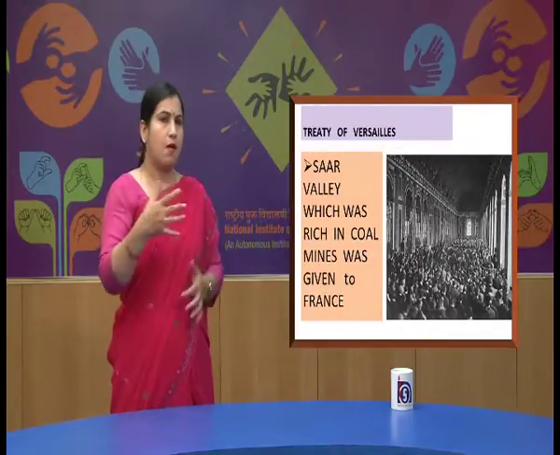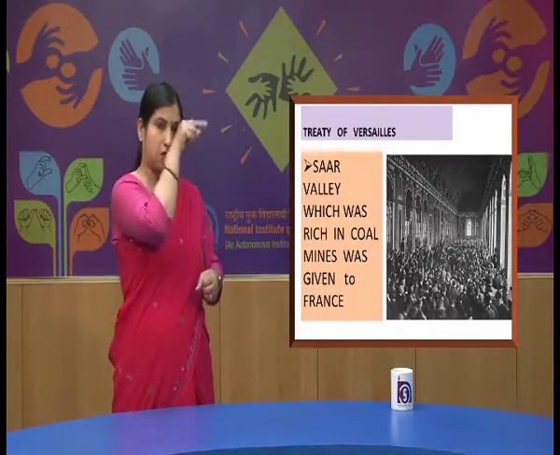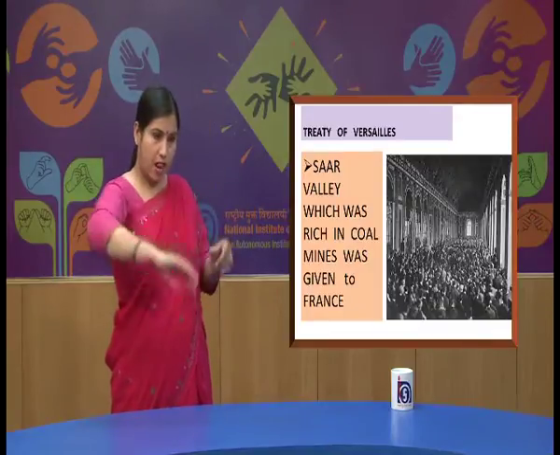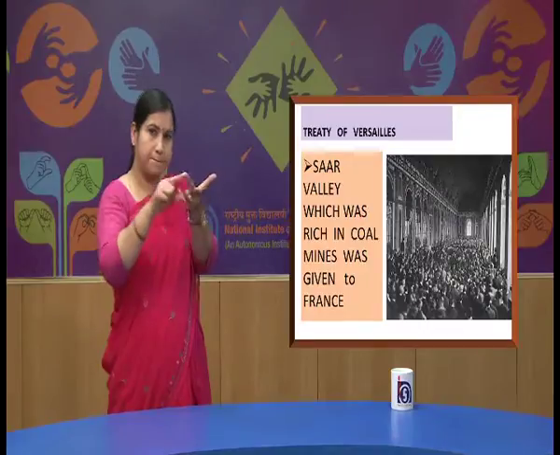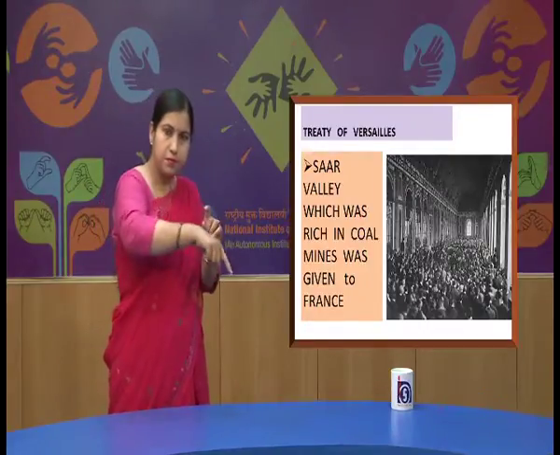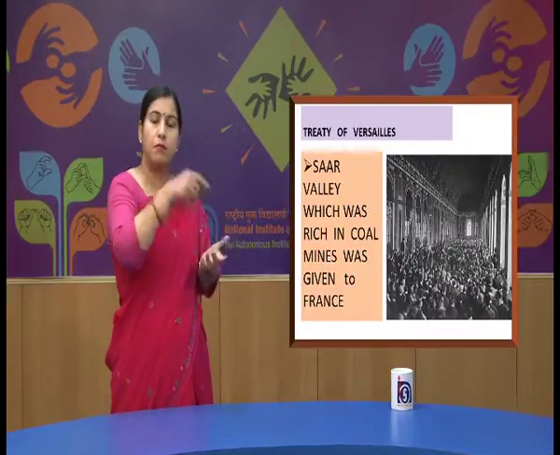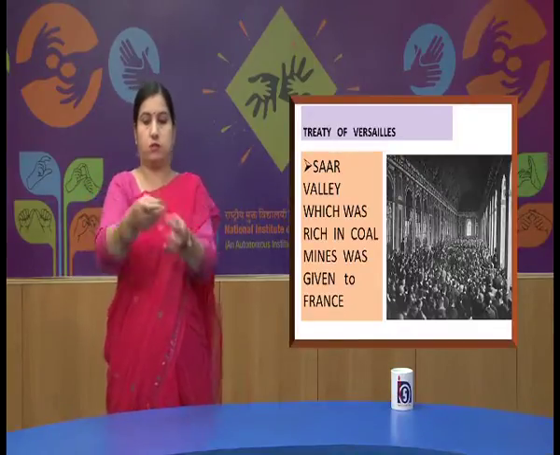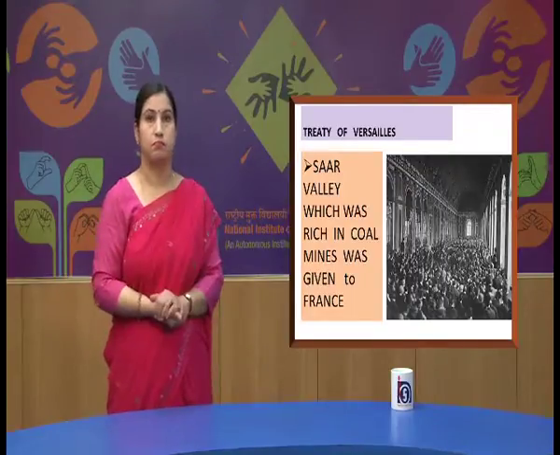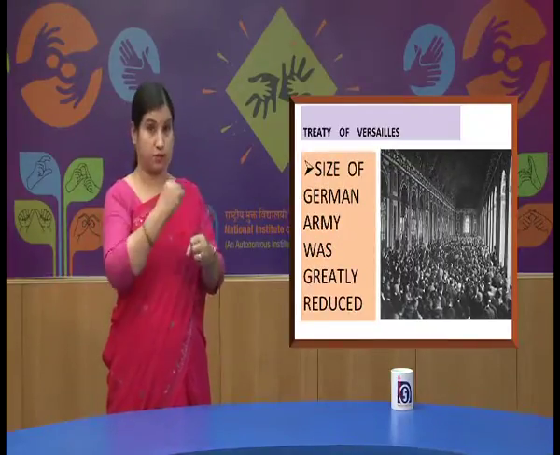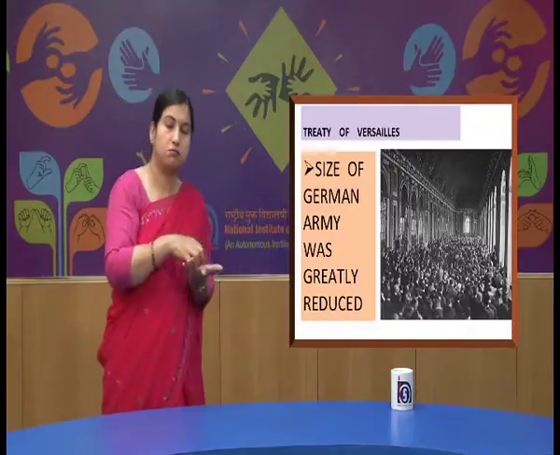The Saar Valley of Germany, that had huge coal mines, was given to France for 15 years. All in all, Germany was left weak and crushed.